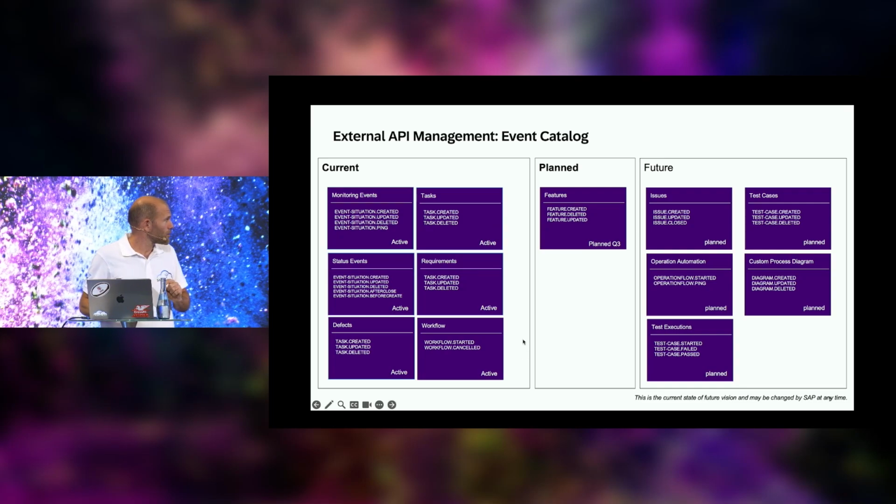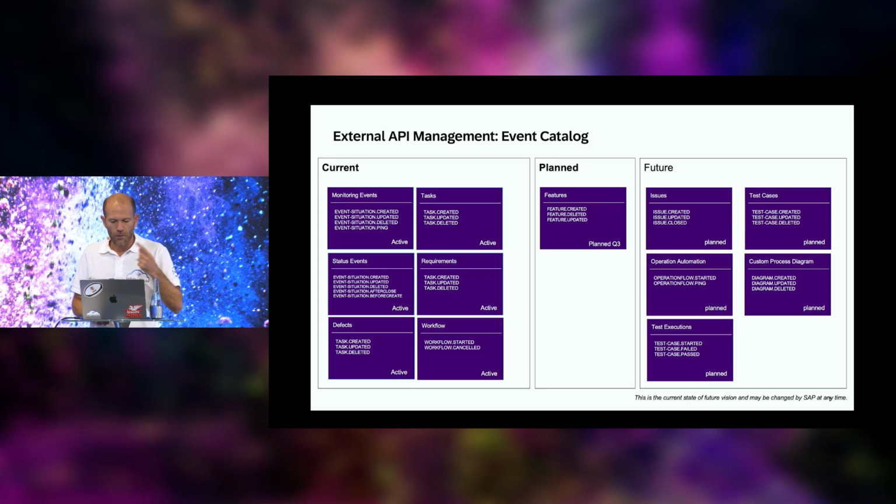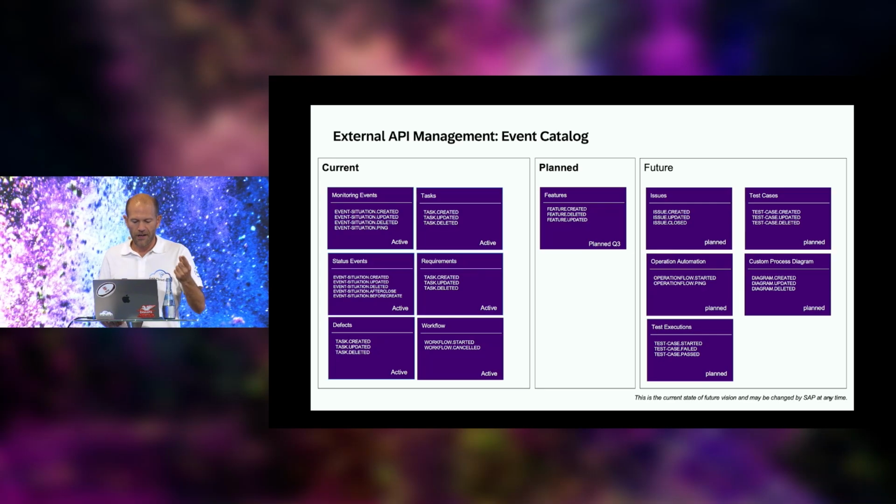One more point is for the workflow. Today we have the workflow where we can trigger an action when we start or cancel a workflow in SAP Cloud ALM. But the workflow works on a resource of SAP Cloud ALM, and there are several resources which are available or which will be available in the future.